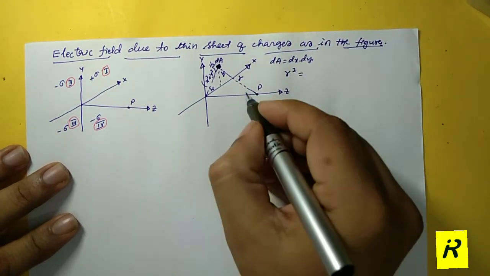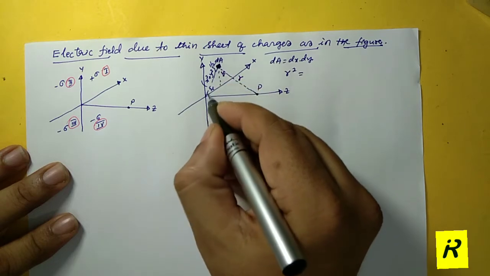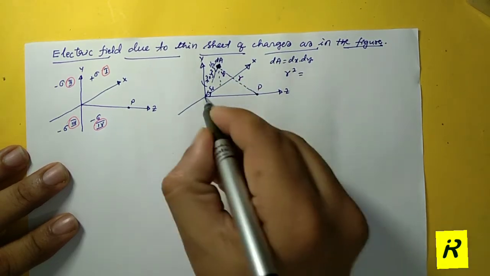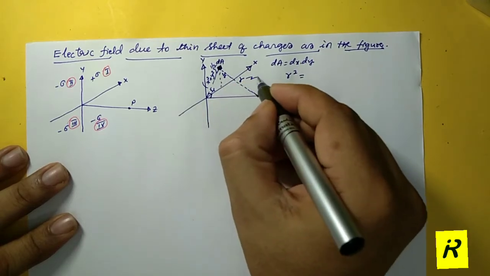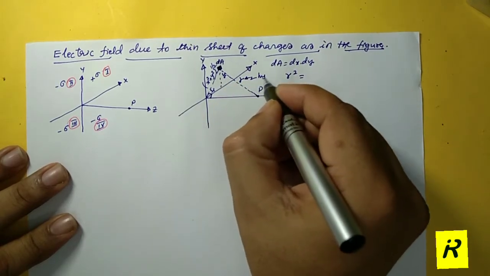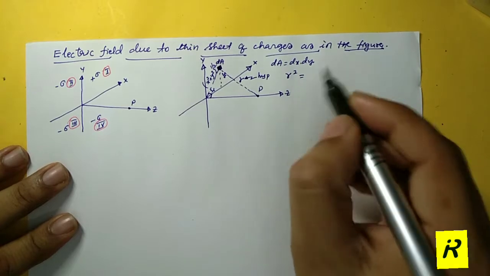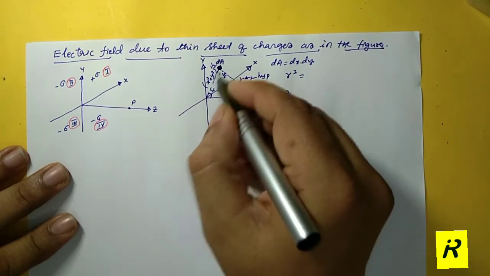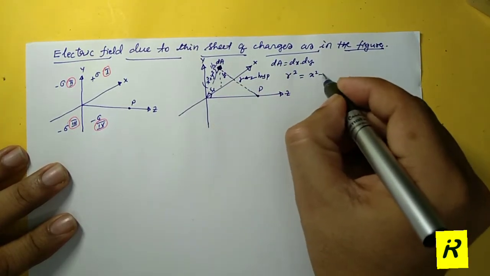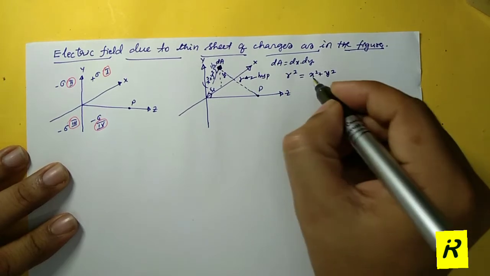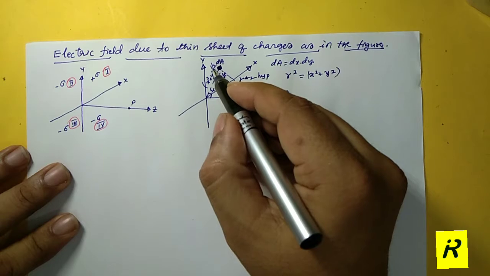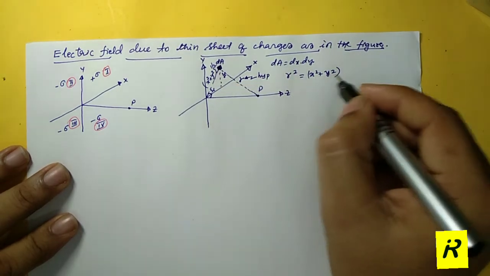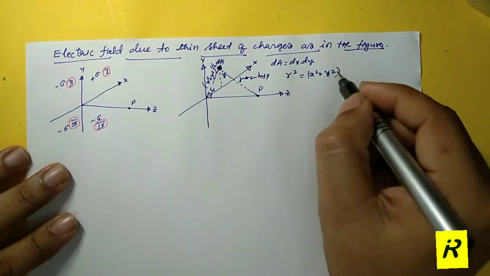This line is perpendicular to the z-axis, so this becomes the hypotenuse. Therefore, r square is x square plus y square, because that length is under root, so when I square it, it is x square plus y square.